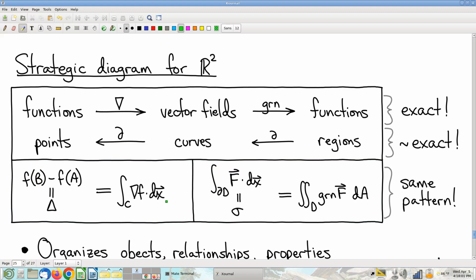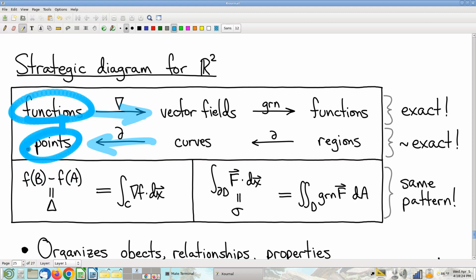So here we go. Notice we have in the fundamental theorem of line integrals a gradient, and boundary points. If you look at both sides of the equation, here we're taking my initial function and evaluating it at the boundary points.